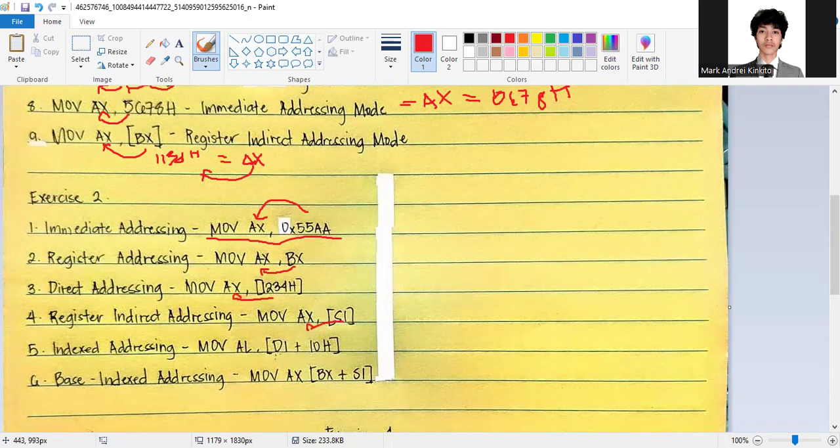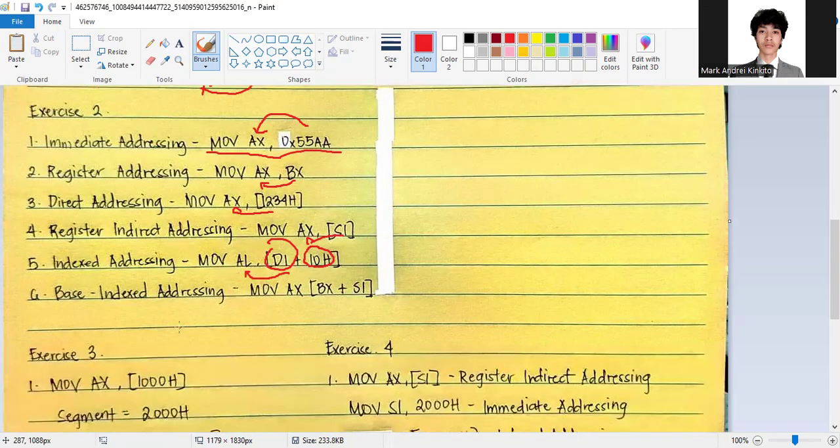Index register is where we're adding a register and an address, and after getting the result of DI plus 10H, we will move it to a lower register. And then the last number for exercise 2, move AX, BX plus SI.